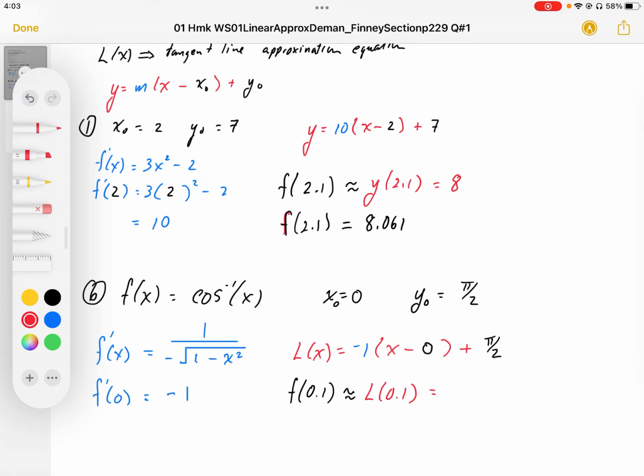When I plug in 0.1, I end up with pi over 2 minus 0.1. Typing that into my calculator, pi divided by 2 minus 0.1, I get 1.47.